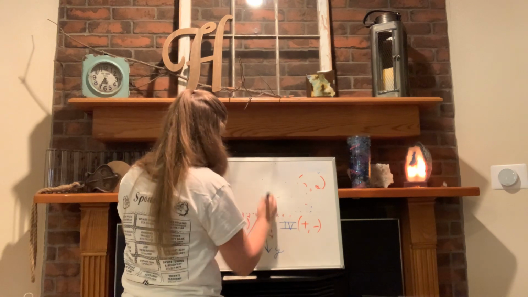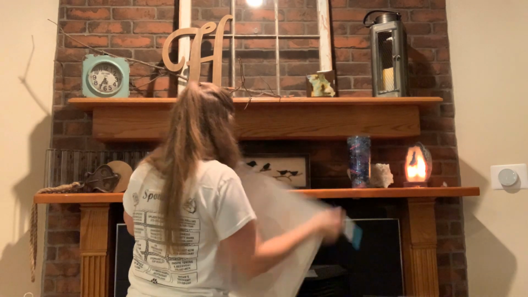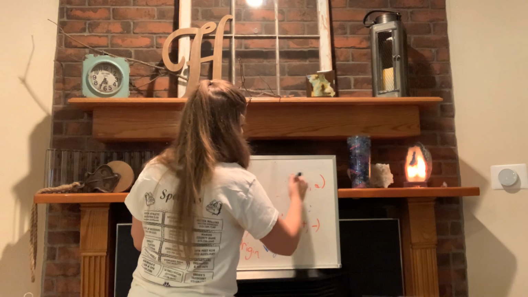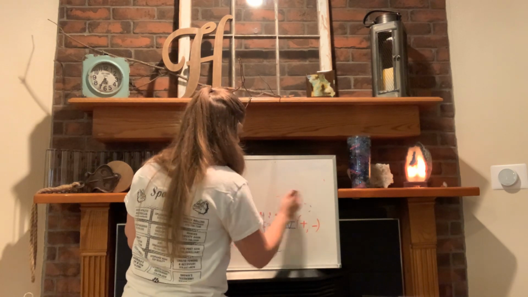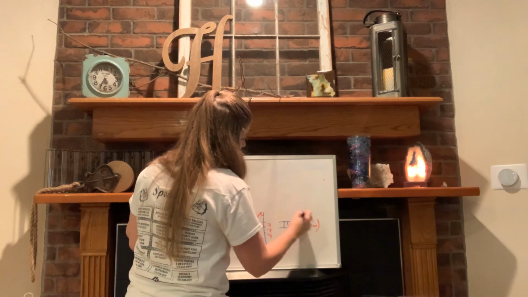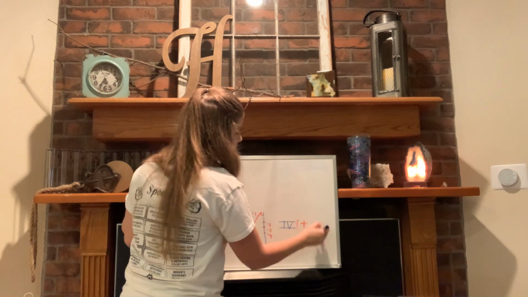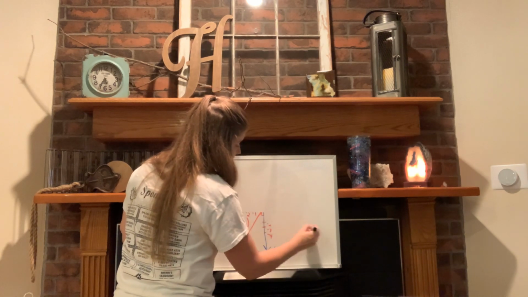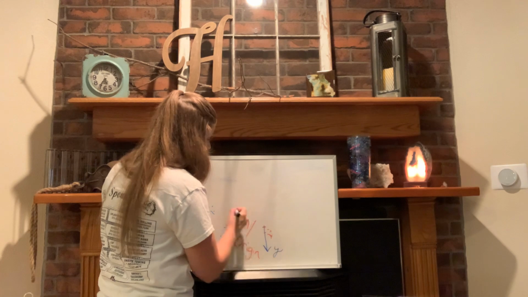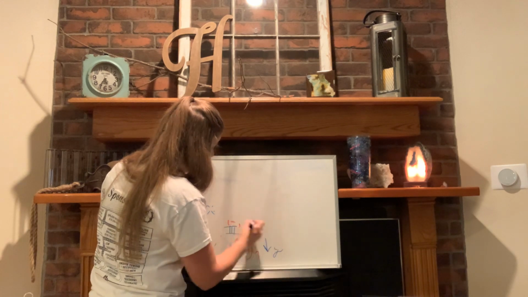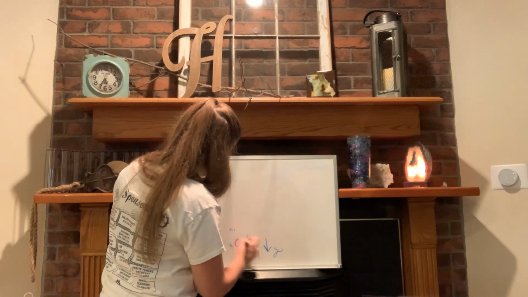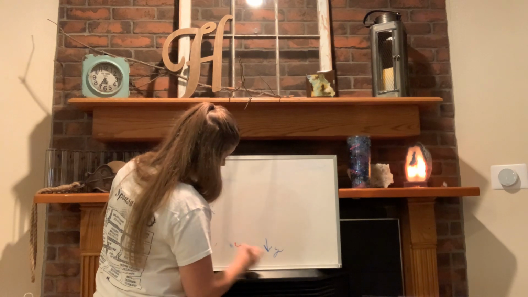While I'm erasing, why don't I drop you guys an Easter egg? The answer to this question will be the Easter egg. If you have an ordered pair in quadrant 1, it will be what?